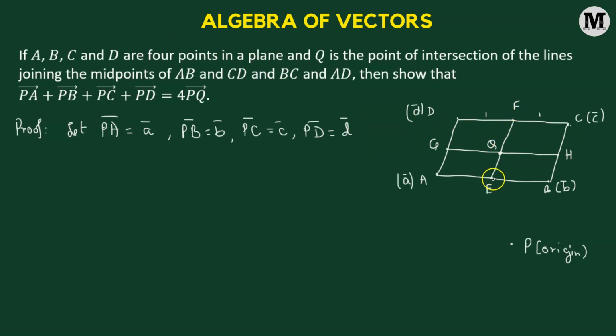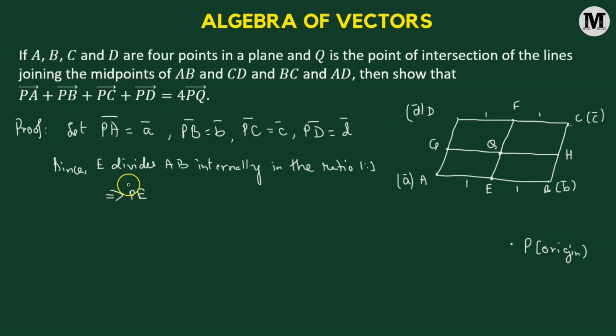Before doing that, we'll have to find out the position vectors of the midpoints E, F, G, and H. So here E divides AB in the ratio 1:1 internally. This simply means that PE vector will be given by A vector plus B vector whole divided by 2. Now next, if we consider the point F, F divides DC in the ratio 1:1, which means that similarly we can define PF vector as C vector plus D vector divided by 2.